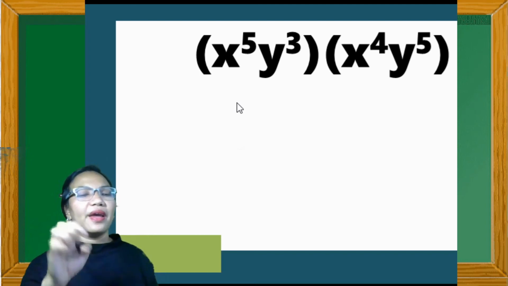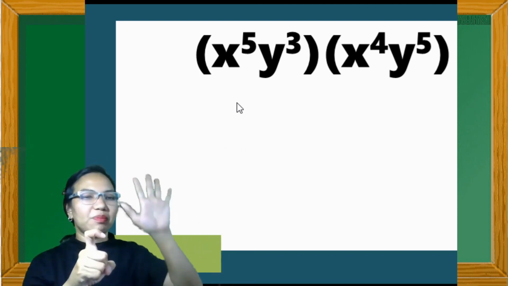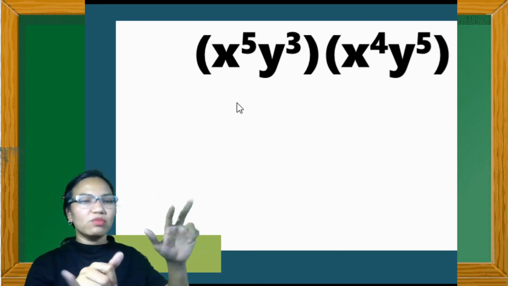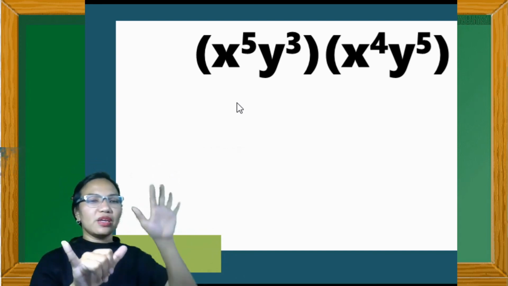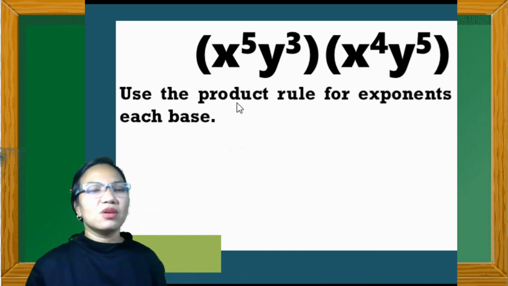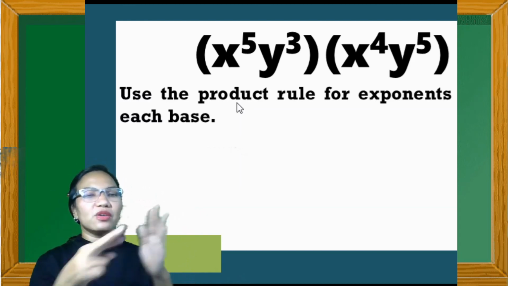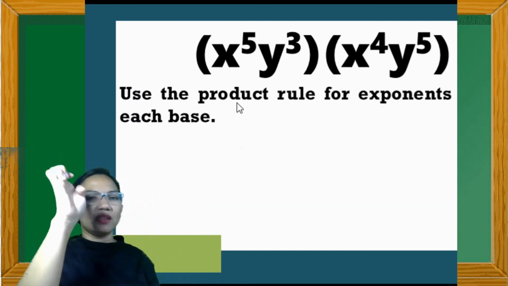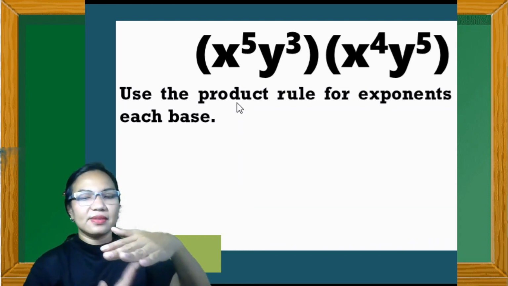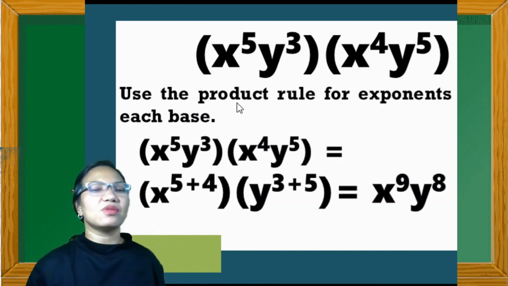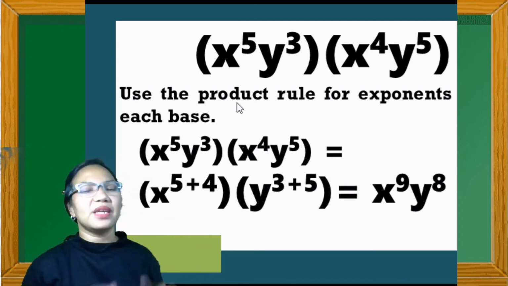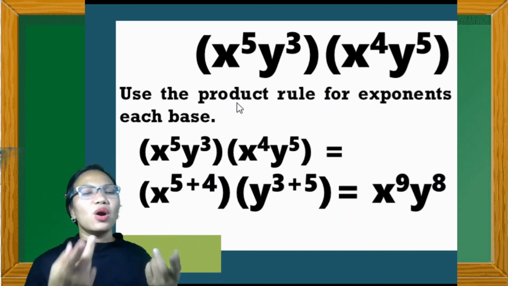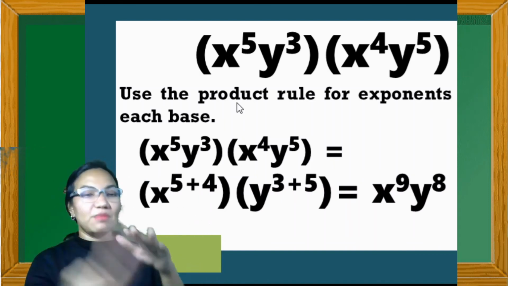Another expression: x to the 5th power y cubed, then x to the 4th power y to the 5th power. We use the product rule for exponent in each base. Look closely at what happened with the x base, and look closely also at what happened with the y base.